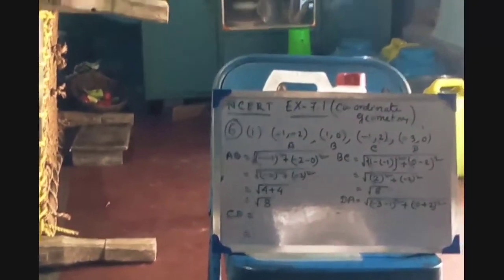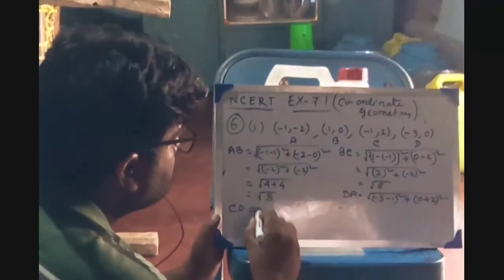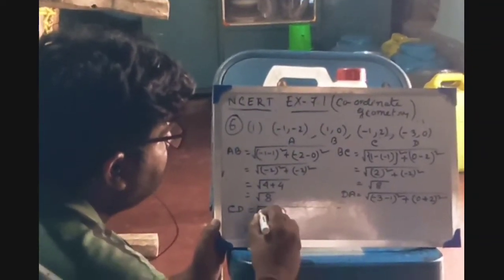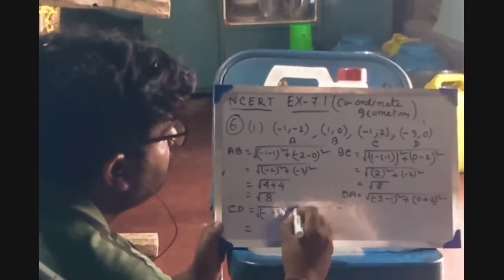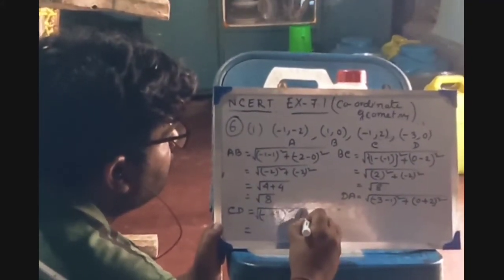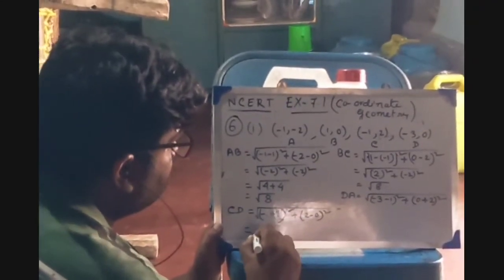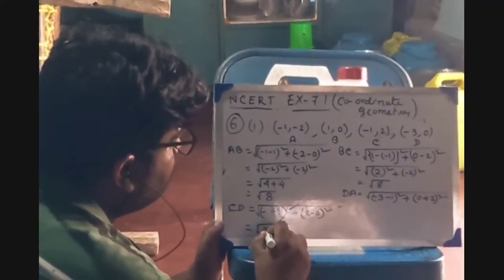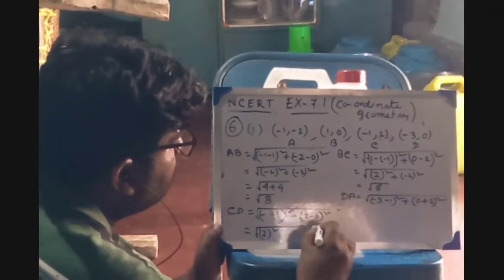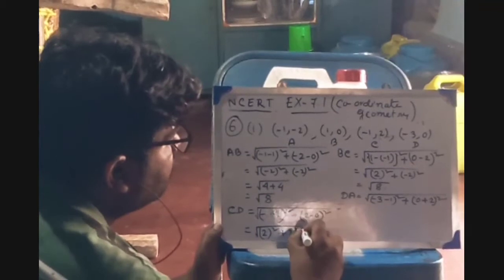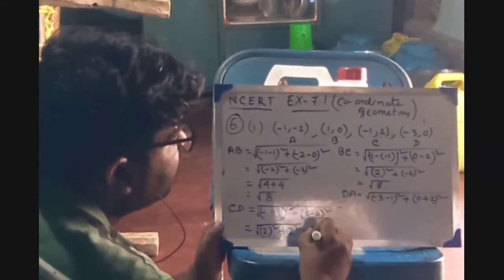Next CD equals root under of (minus 1 plus 3) whole square plus (2 minus 0) whole square. That equals root under of 2 square plus 2 square, that equals root under of 8.